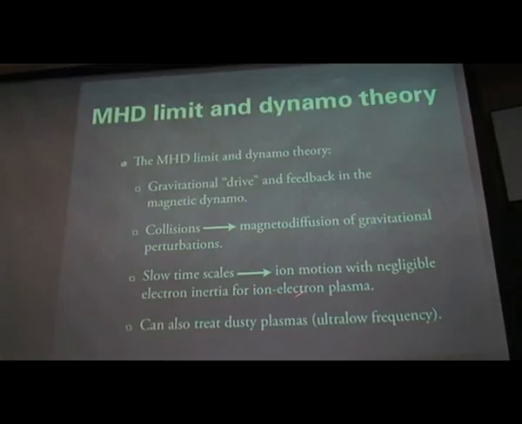So it's not always that you can neglect the inertia for these. You can also introduce dust components, which means that you have impurities in the plasma, which is perhaps relevant for, say, supernova remnants. And then you will get ultra-low frequency modes in such systems through this MHD coupling.